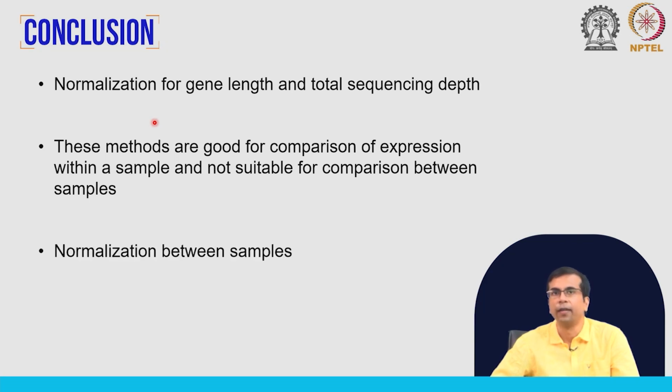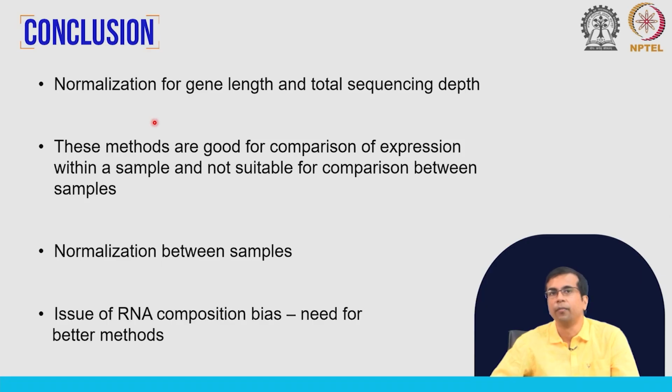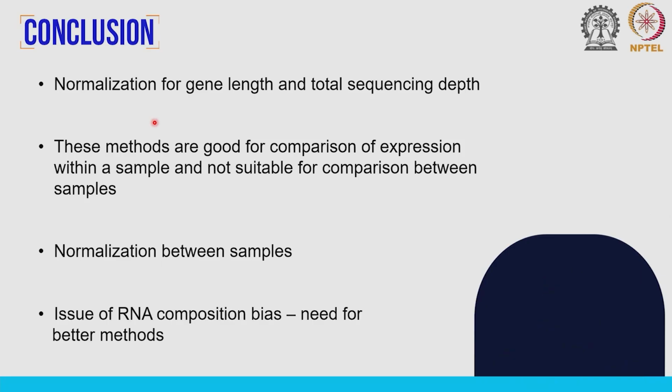Then we talked about normalization between samples, also median normalization and UQ normalization. These are only two methods that we have discussed, but they have not addressed some of the issues that are still remaining, and that is why we need better methods, which we will talk about in the next class. Thank you.